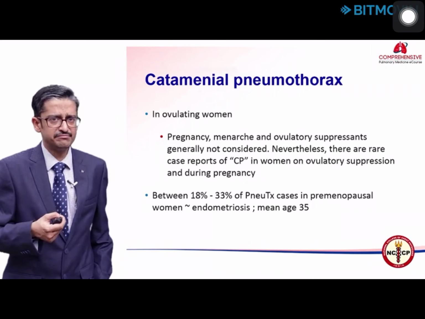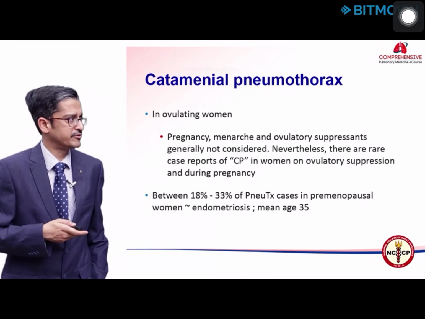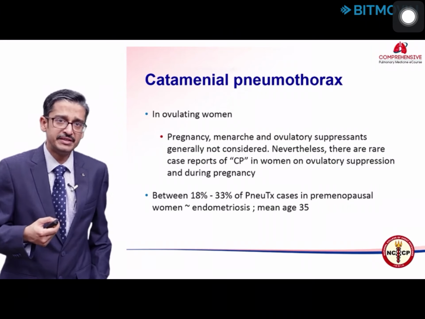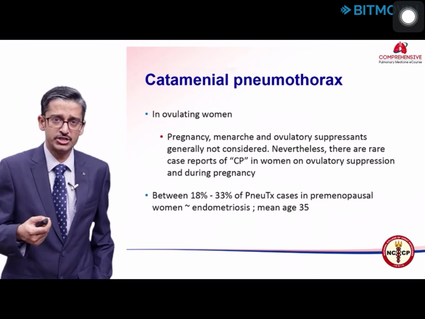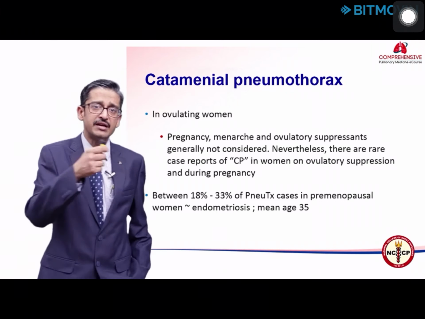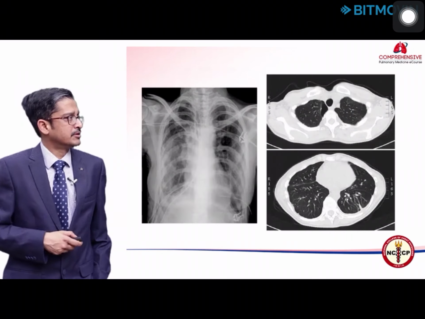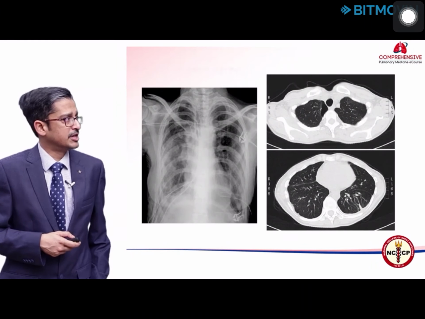Maybe about 25% of cases, pneumothorax might happen in postmenopausal women, but they too are found to have endometriosis, and this endometriosis would have started prior to them having their periods.